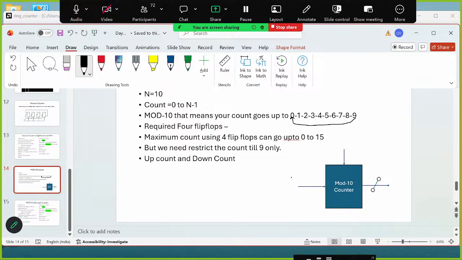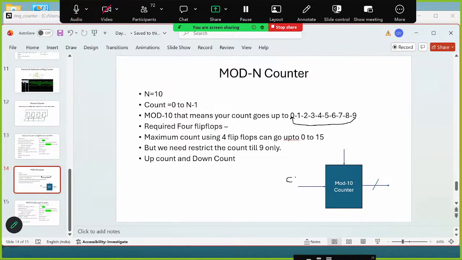I have a clock signal which is a positive edge triggered clock, and I have a reset signal. This I am going to design now with the help of the behavioral style of modeling, and this output is 4-bit.